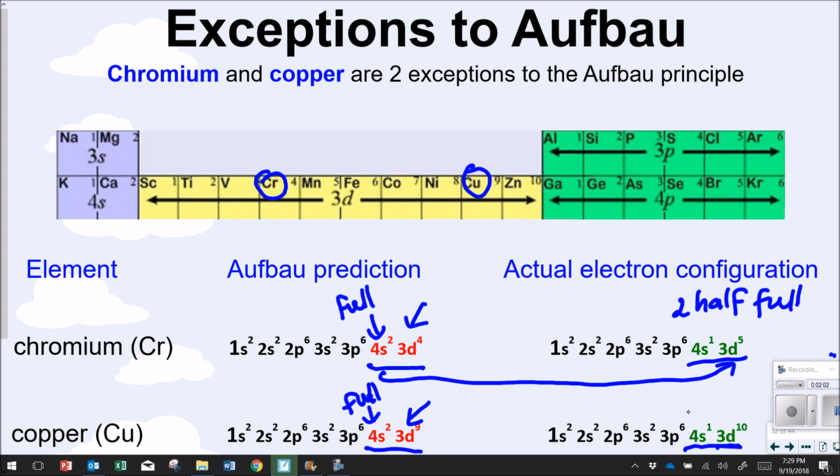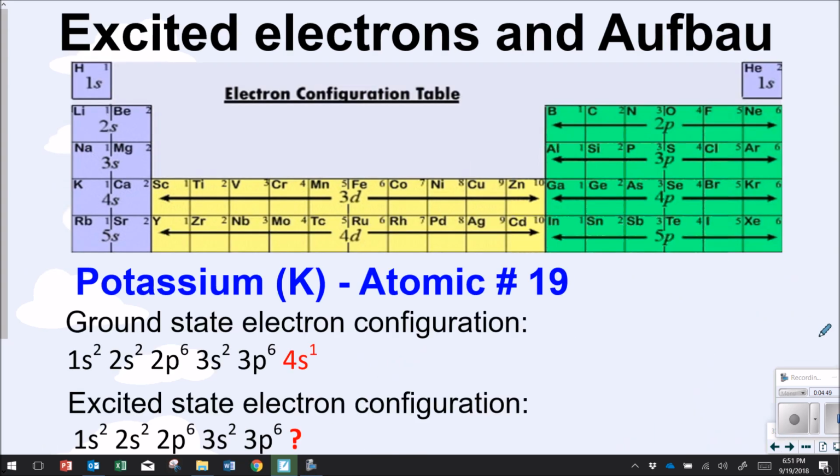So this time we have a half full and a completely full sublevel for 4s1 and 3d10 respectively. This is more stable than the predicted configuration. There are many more exceptions, but these are the 2 you need to know.